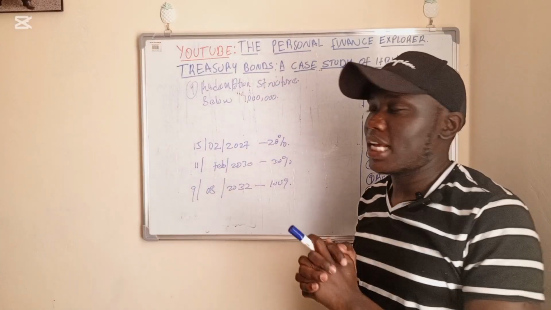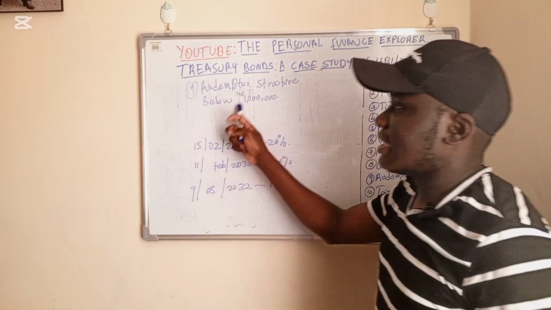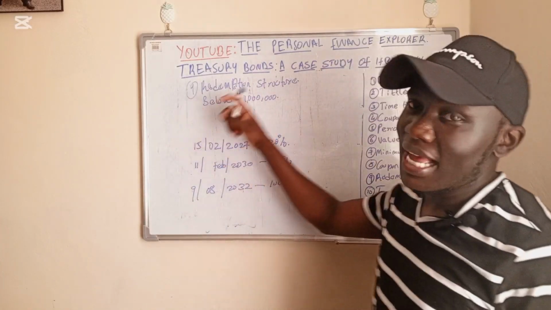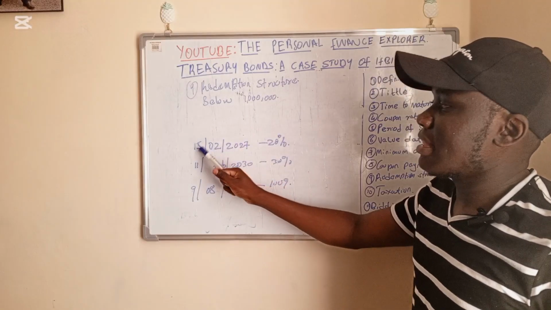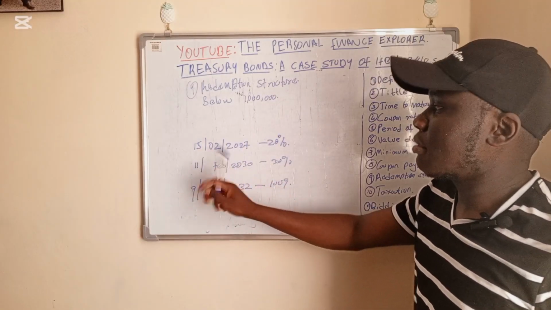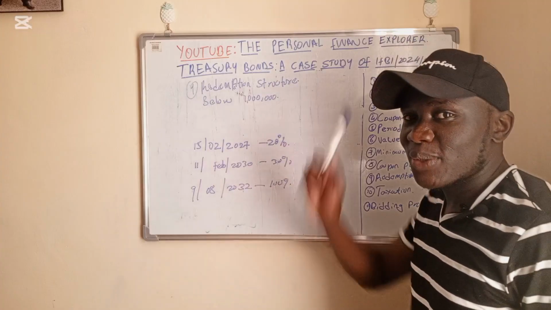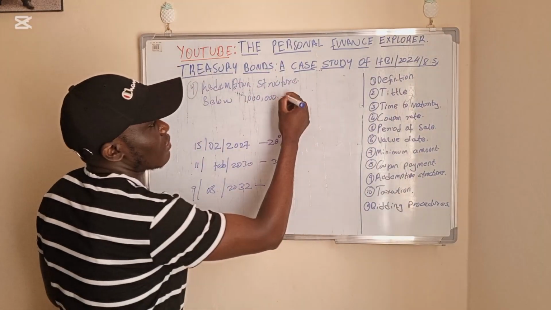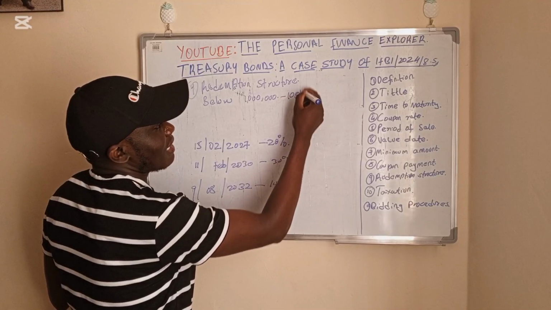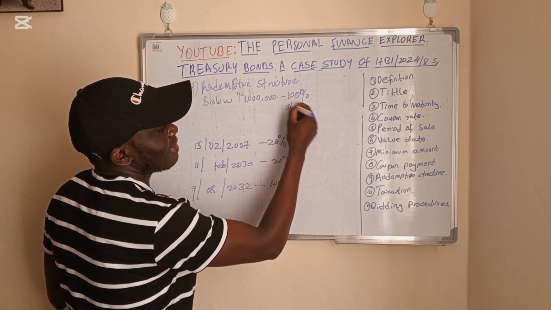I hope it's clear. Like for this particular bond, on the 15th of February 2027, you'll get back 100% of your money. So you'll get 100% at the first redemption date.